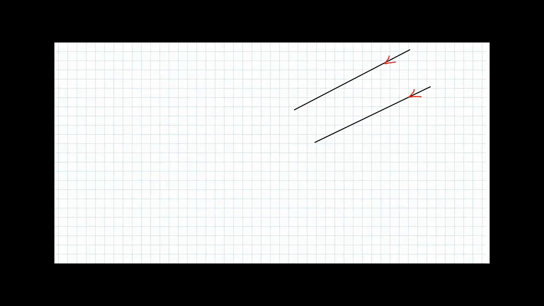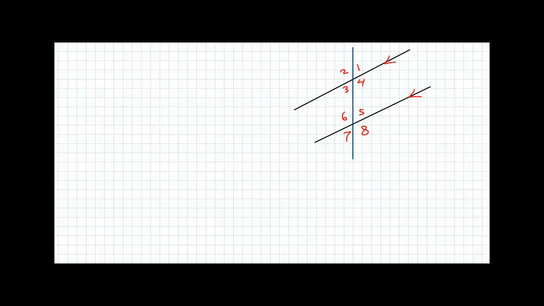When two lines are parallel and they are intersected by a transversal line, such as this line here, we will see that we now have eight angles formed: 1, 2, 3, 4, 5, 6, 7, 8. And there is a relationship between these angles.